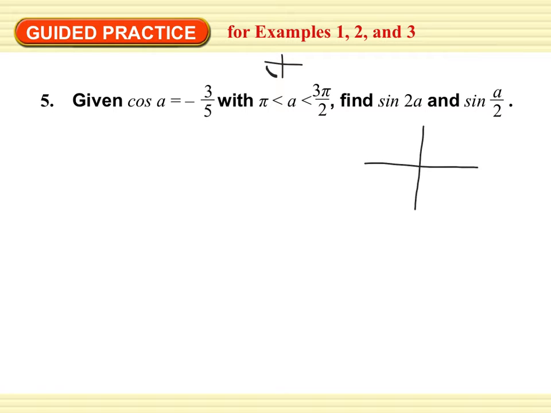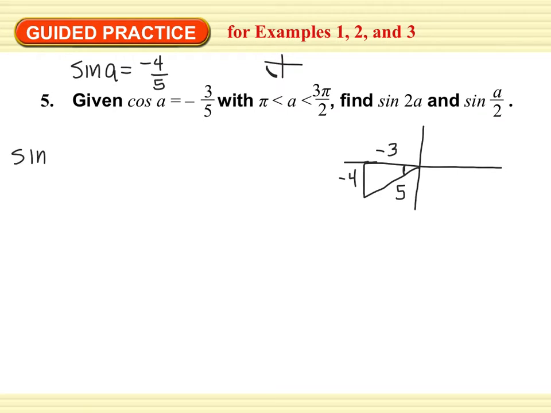You can use the Pythagorean identity, which we did in the last problem, or you can just remember that it's a 3, 4, 5 triangle. So here's A. Cosine is adjacent over hypotenuse. If you use the Pythagorean theorem, that's going to be a negative 4. So that means that sine of A is negative 4/5.